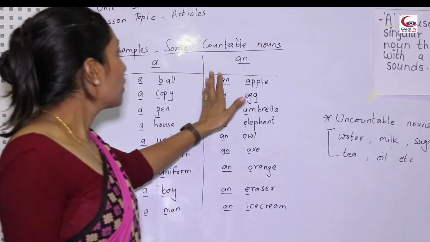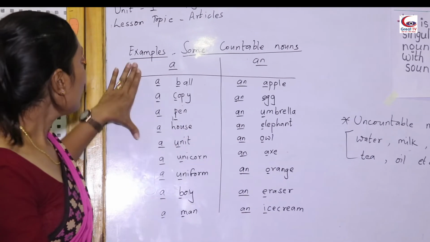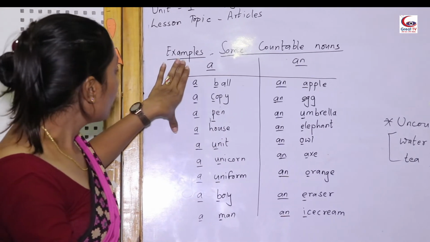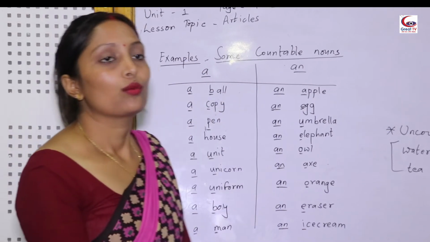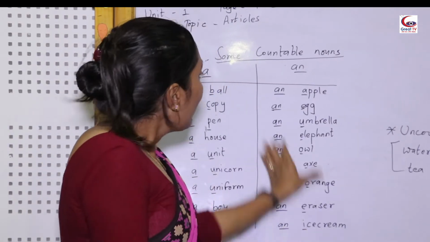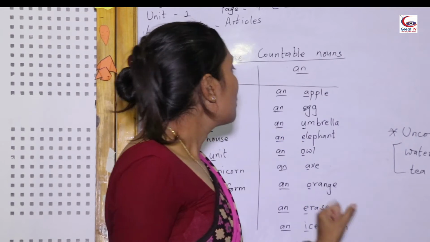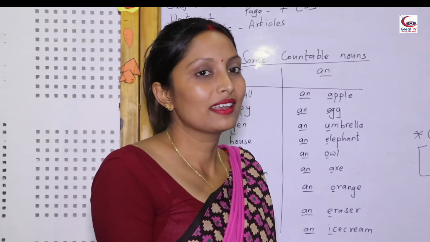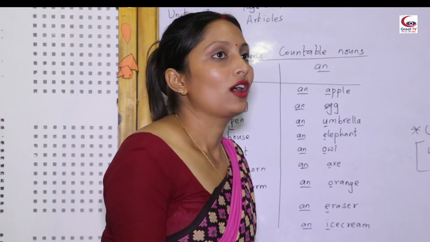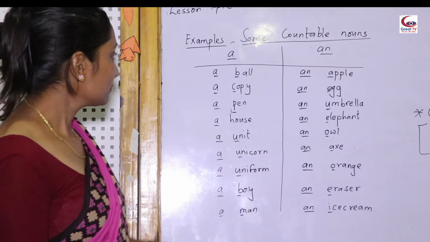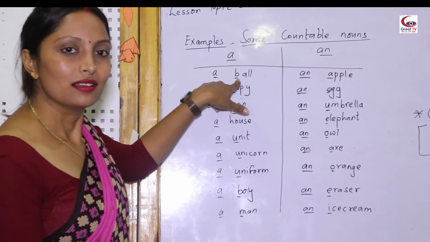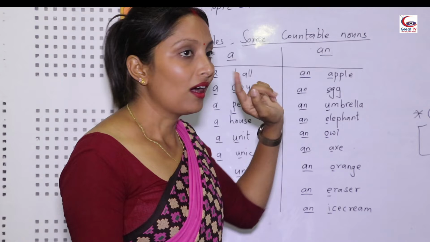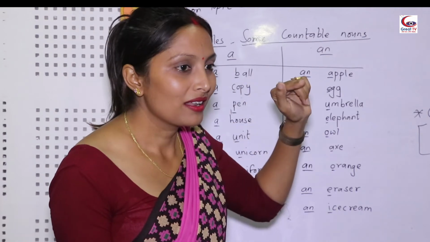I have 2 columns. In one column, I have some examples with a, and in another column, I have some examples with an. Let's observe this, please. A ball.